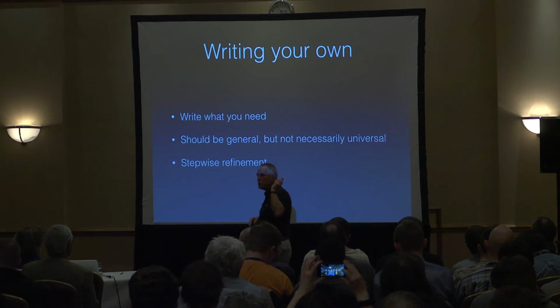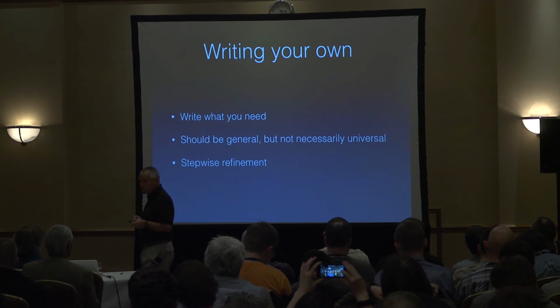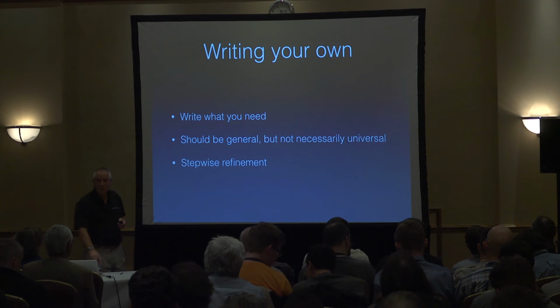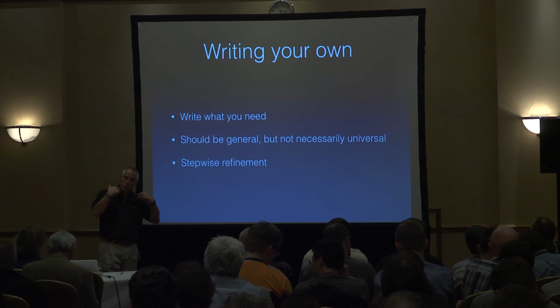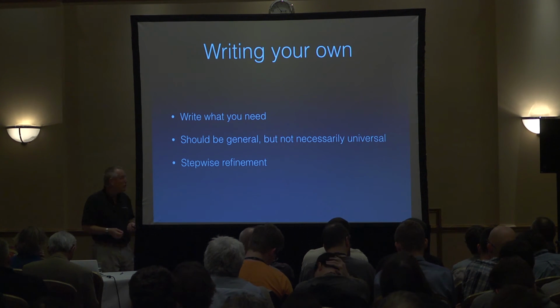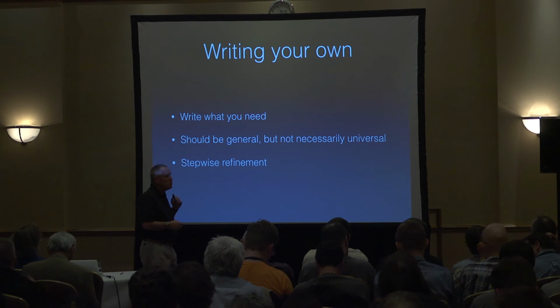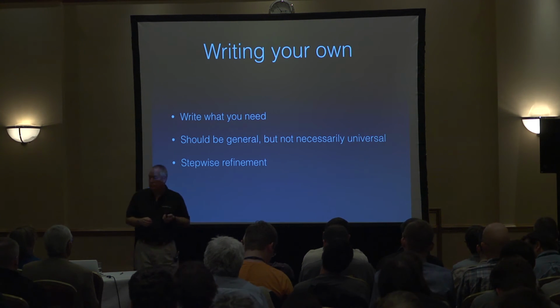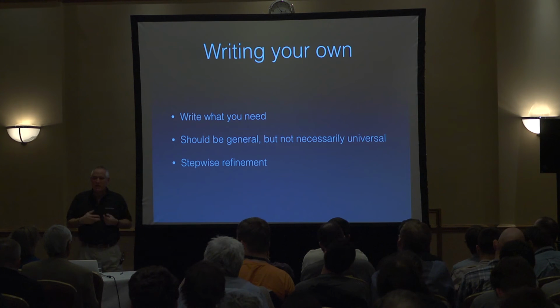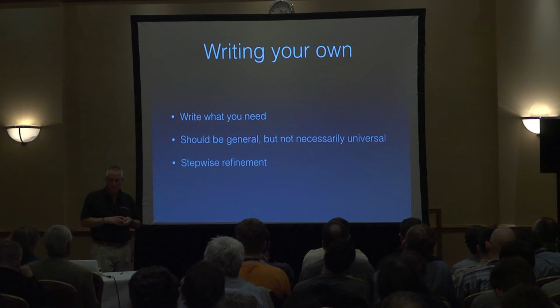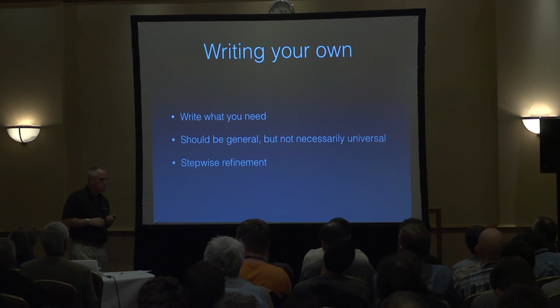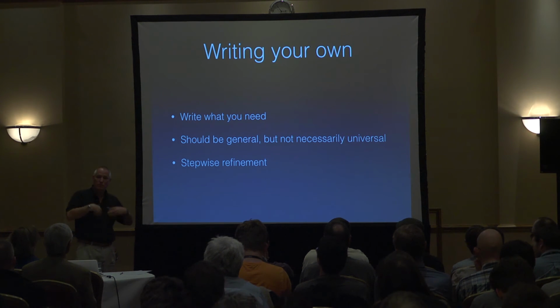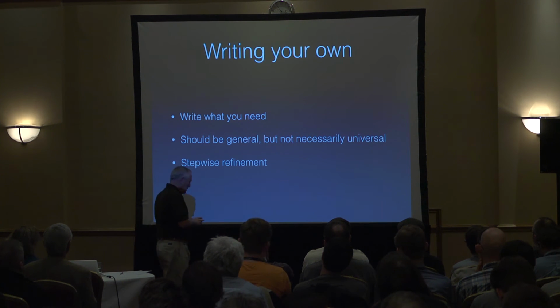And there's no reason you can't have domain-specific algorithms. Boost has a graph library, and it's full of domain-specific algorithms that have to do with graph theory. They don't have to be universal. But you should think a little bit about generalizing them. Also, you can write them and use them and say, oh, that's not quite right, and improve them. This is not write once and leave them forever.